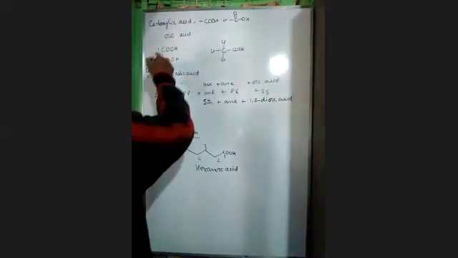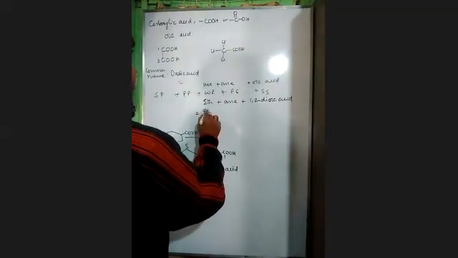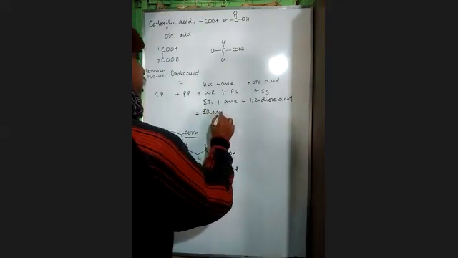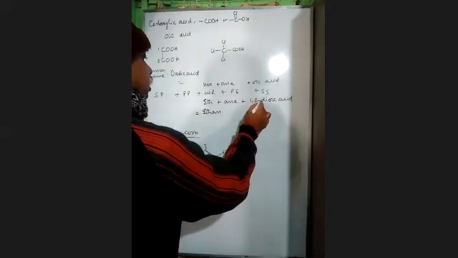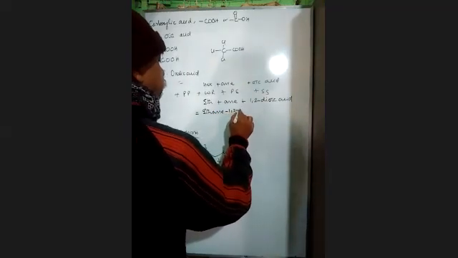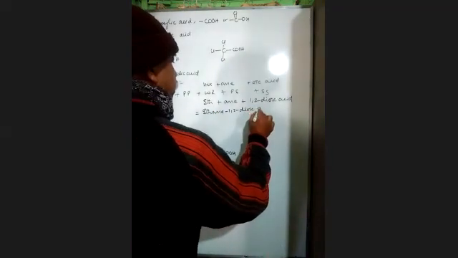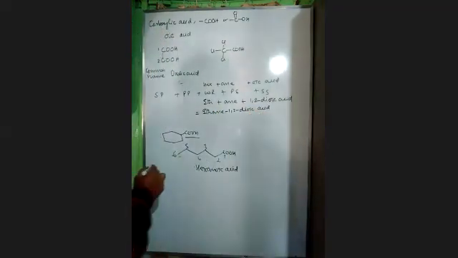They're in the main chain. So the name of the compound is ethane, sorry, D, but this is not a vowel. Ethane-1,2-dioic acid.